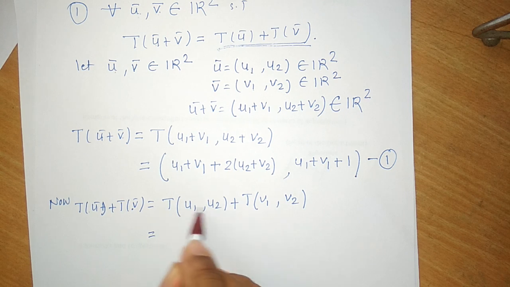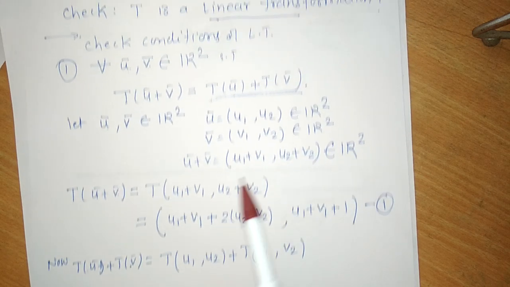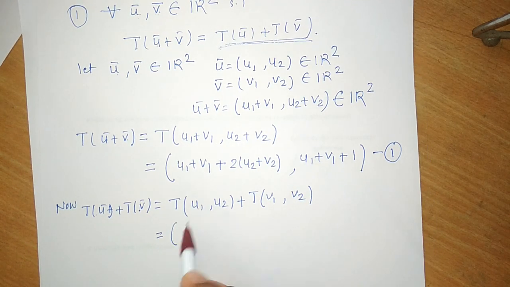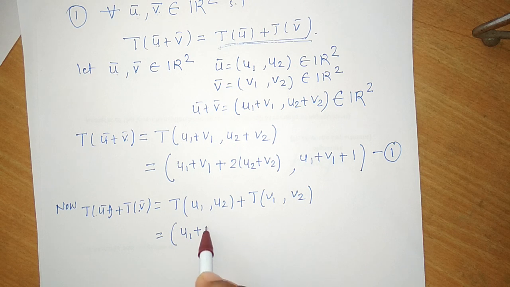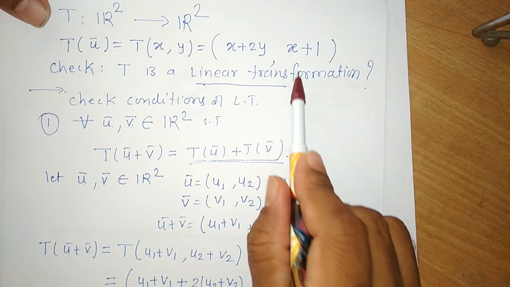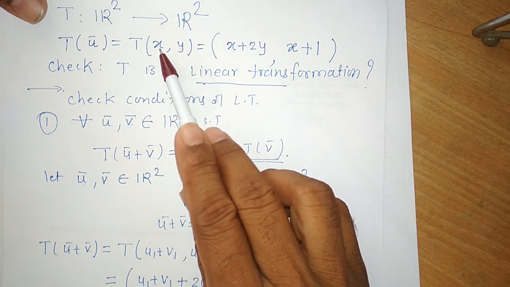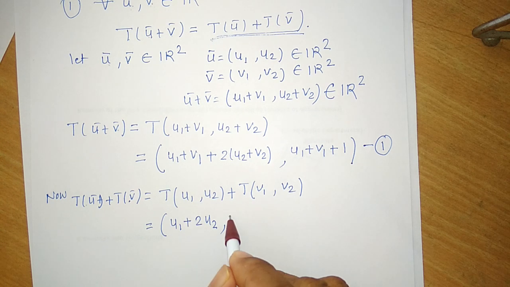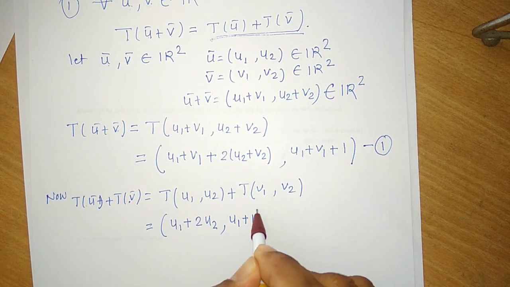Now we find the images of these. The function is given as T of xy is x plus 2y. So x means u1, plus 2 times y means u2, comma. Second component x plus 1, so here it is u1 plus 1.